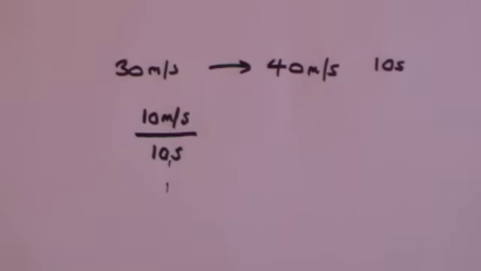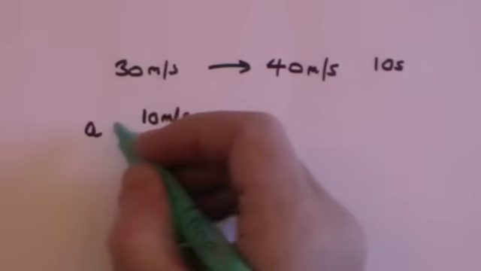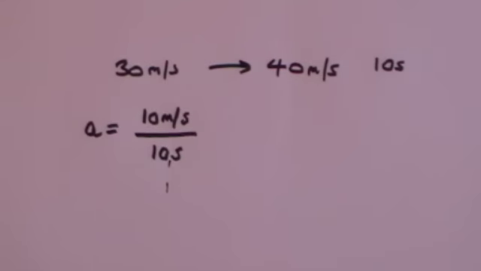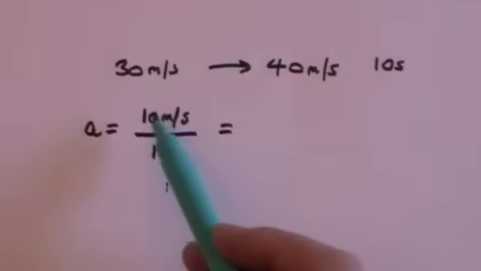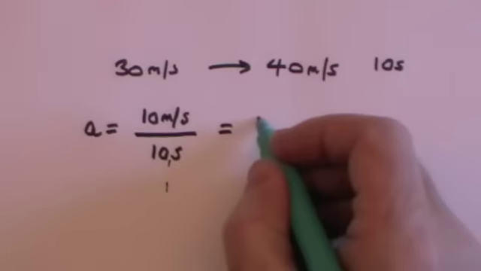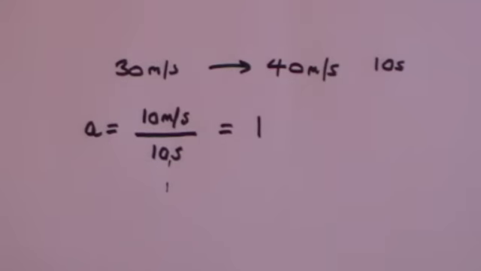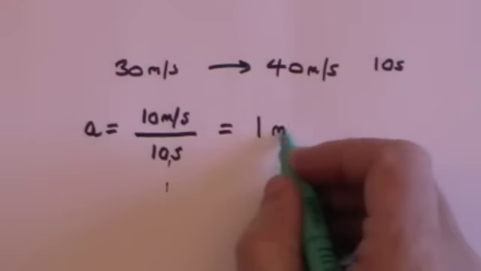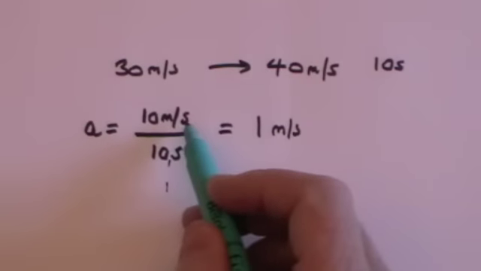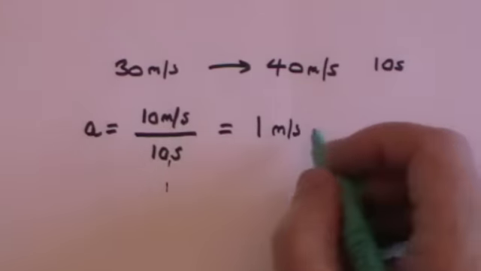And that defines our acceleration. Acceleration is defined as the change in speed divided by the time it takes you to make that change. So in this case, you've got 10 divided by 10, which is 1, and the units are metres per second, because that's what velocity is, per second.